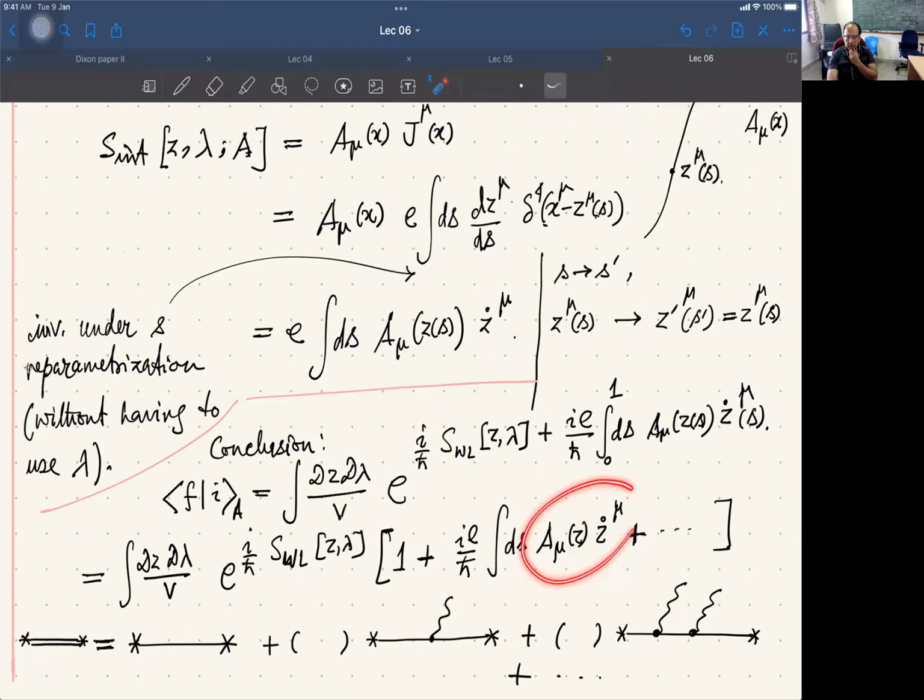This is like a general term which has a first order derivative of z. So you allow a z dependence in the coefficient, and therefore the coefficient of that insertion becomes a tensorial field in the theory.